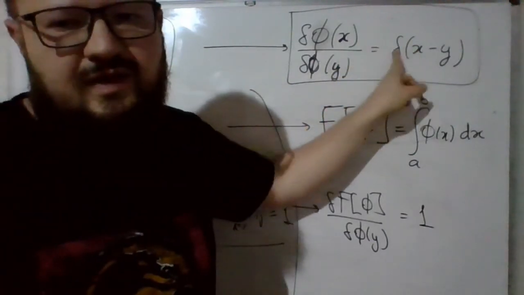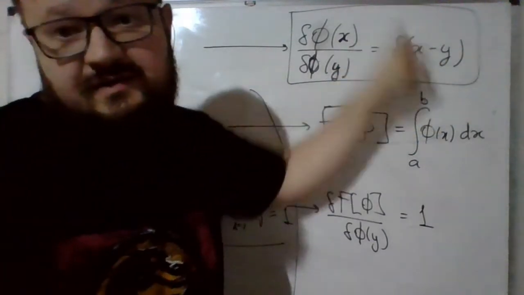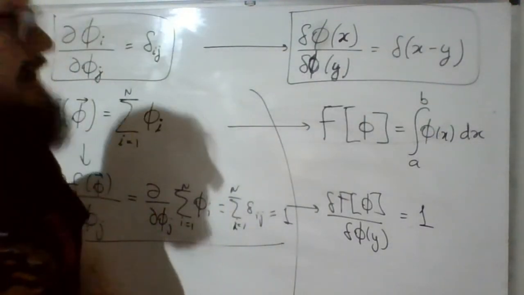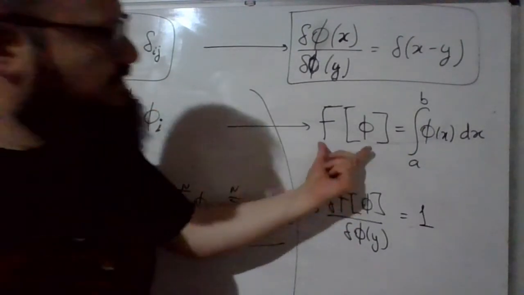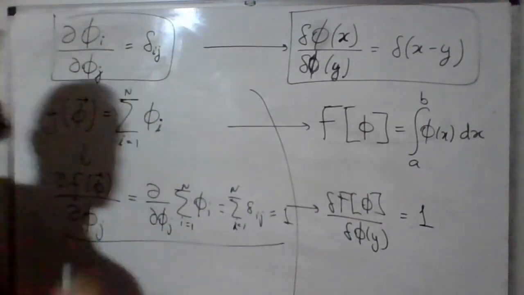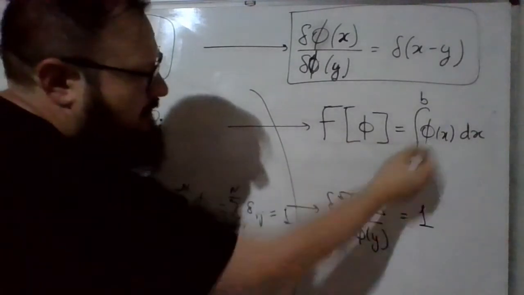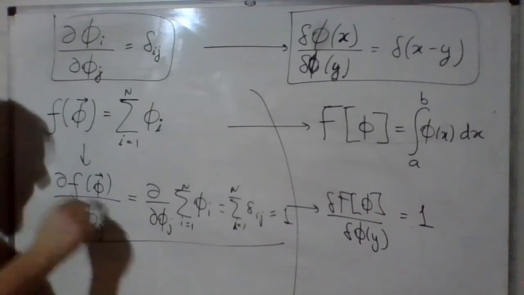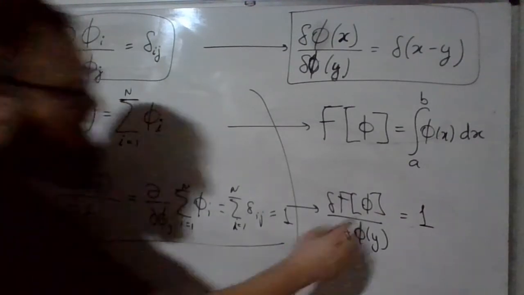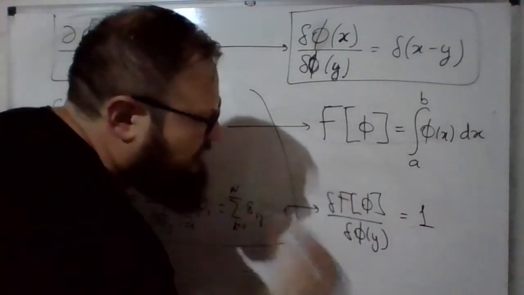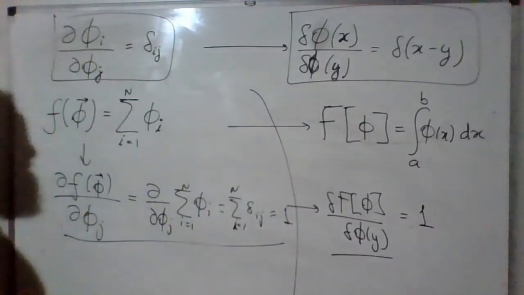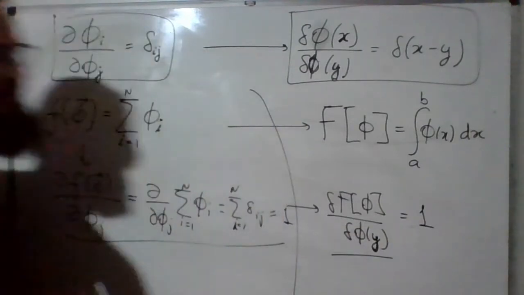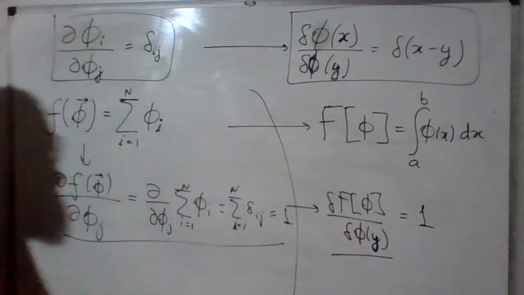But it produces a Dirac delta, or infinite, if x is equal to y. Of course, the corresponding to a summation is an integral, and the corresponding to the partial derivative with respect to some of the vector components is the functional derivative with respect to a variation of the function of the argument at some y, and produces 1.